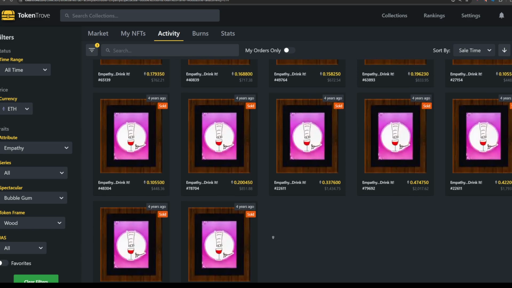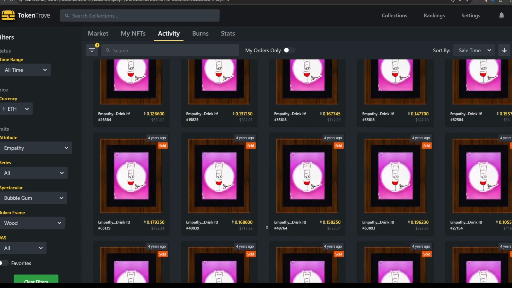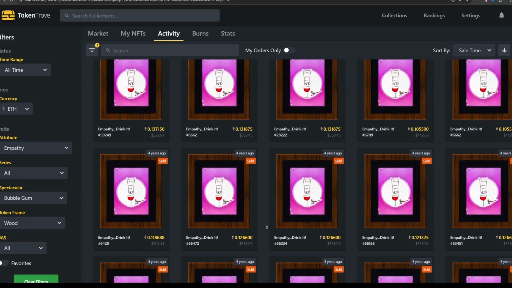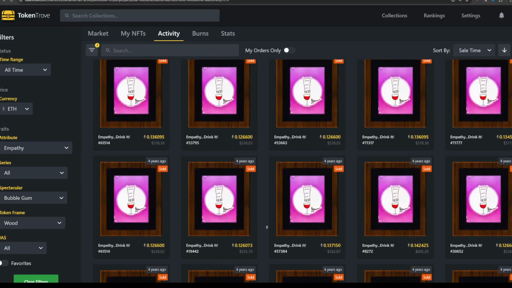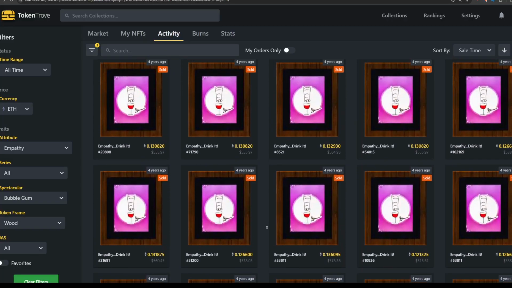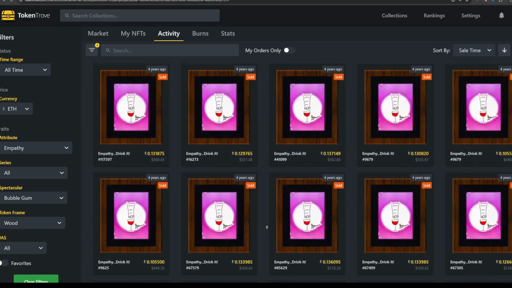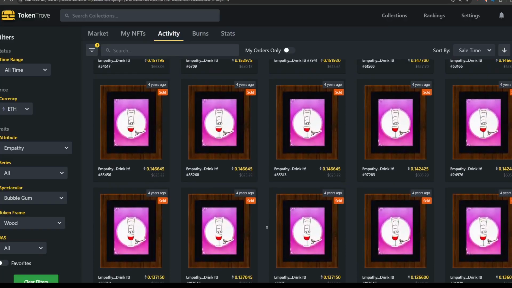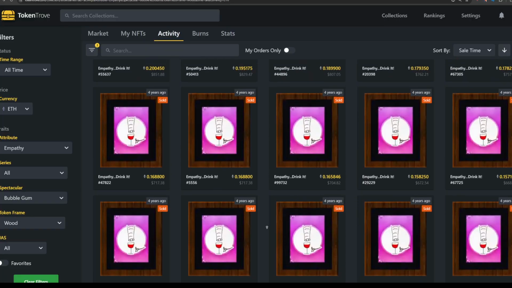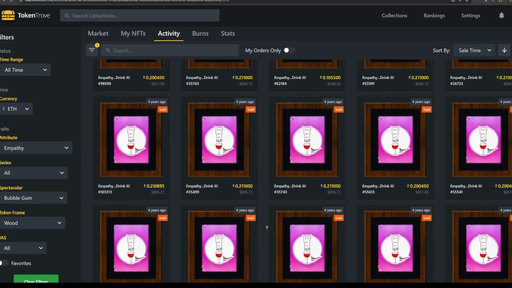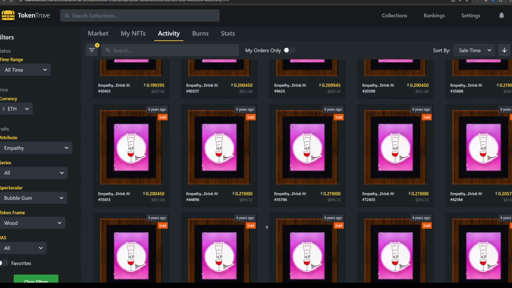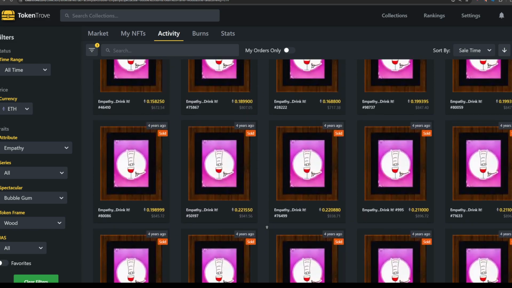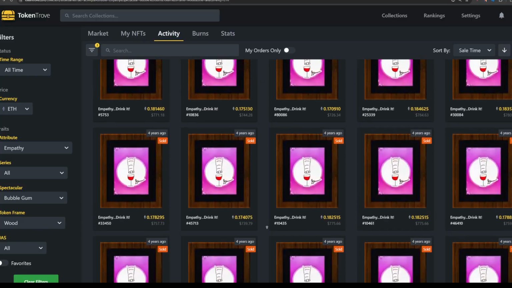Okay, so 0.5 for the first. We have to increase this to make it go super fast. 0.1, 0.13, 0.1213. Just look at all this order book volume. 0.14, 0.15, 0.16, 0.18, 0.19, 0.2. Dropping back down. 0.2, 0.28.